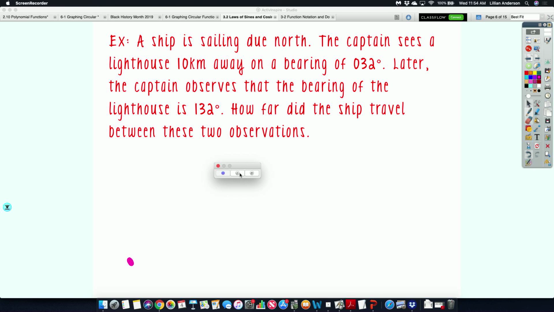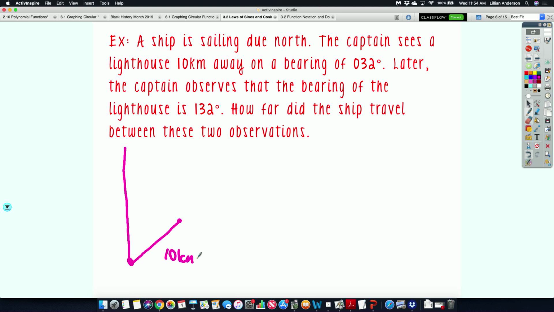Let's see. Okay? So, I'm sailing north. I see a lighthouse. How far away? 10 kilometers away. At a bearing of 032. And remember, bearings always come from the north direction, going clockwise. I travel for a little ways, and then at a certain point, when I look again, the lighthouse is on a bearing of 132 degrees.